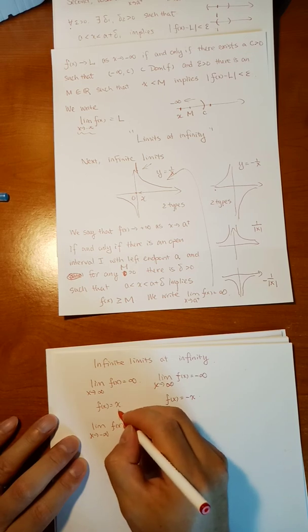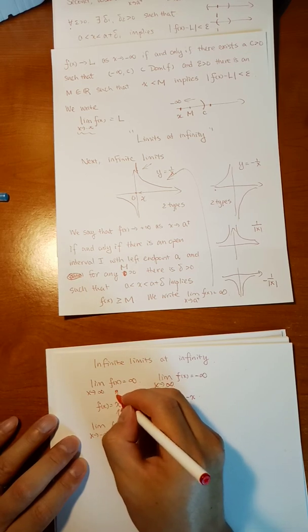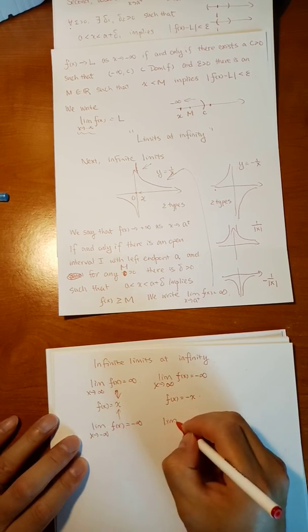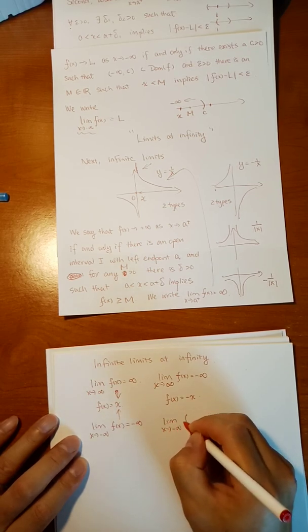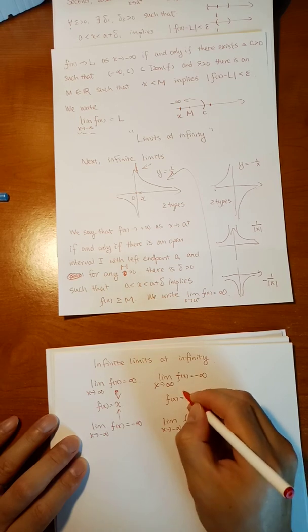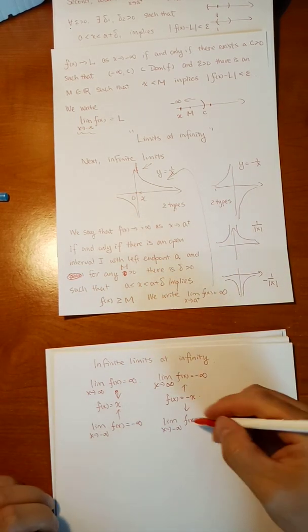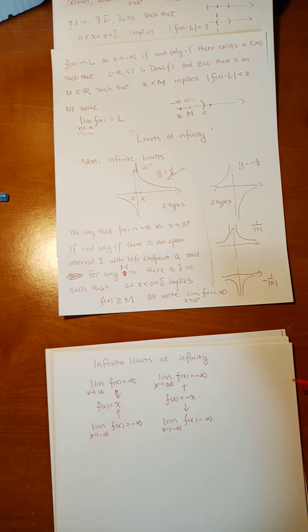This is still the example f(x) is x. Or the limit as x approaches negative infinity of f(x) is positive infinity. The example is f(x) equal to negative x. Okay, so there are 4 types of infinite limits at infinity.